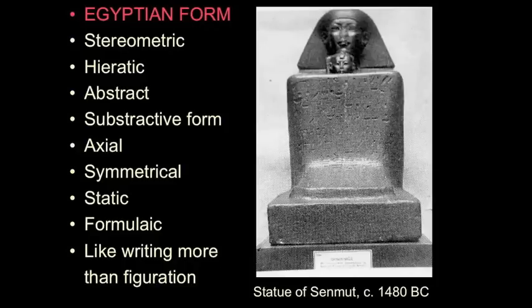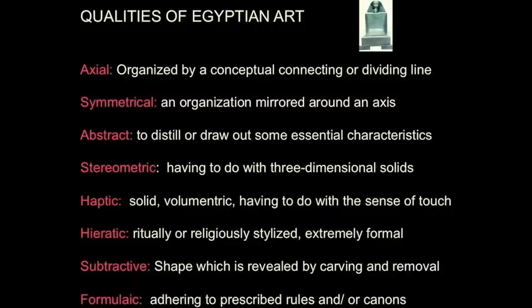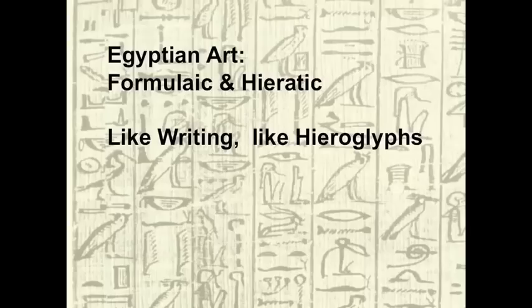So this is sort of a tablet that contains messages. And the image itself is kind of like writing, kind of like a message. So qualities of Egyptian art are really highly formalized: axial, symmetrical, abstract, stereometric, haptic, hieratic, subtractive, formulaic, and so forth. Just like writing, just like hieroglyphs.